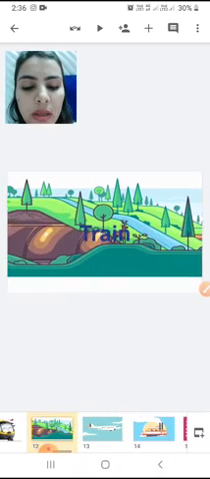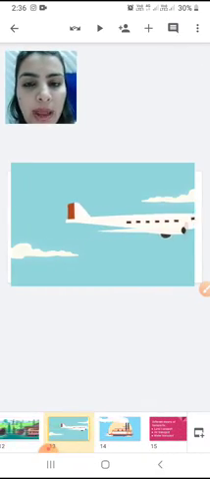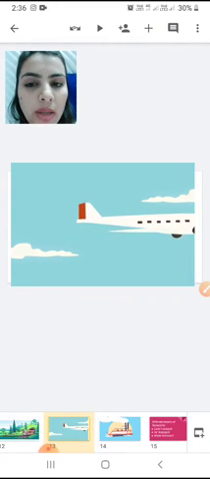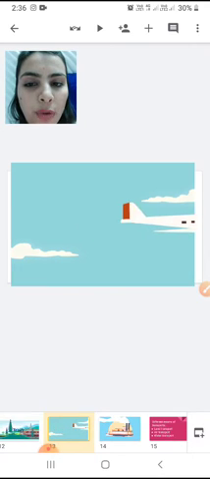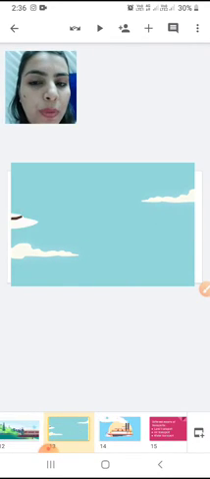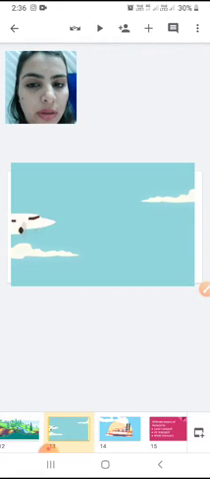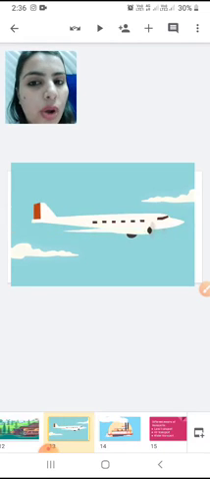Another is the aeroplane or helicopter. They are used for going long distances, or from one country to another. People usually use aeroplanes for this, but it is a little bit costly.